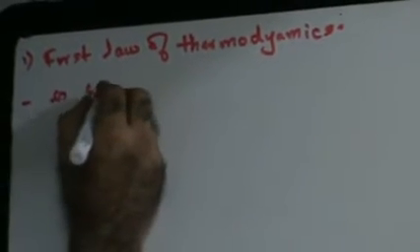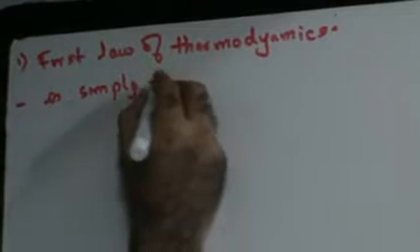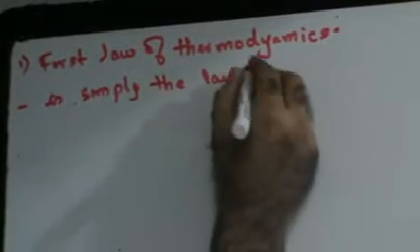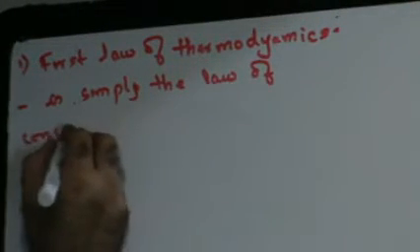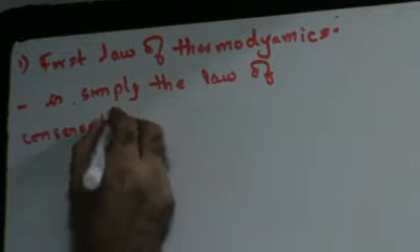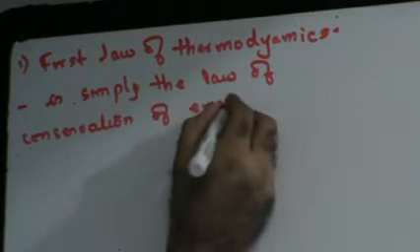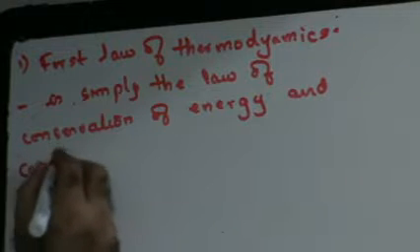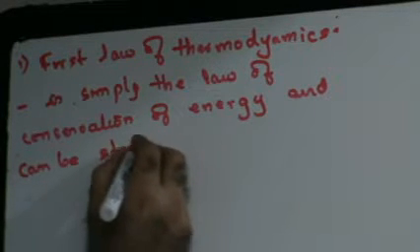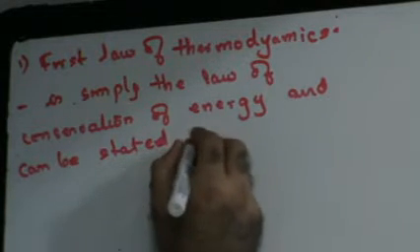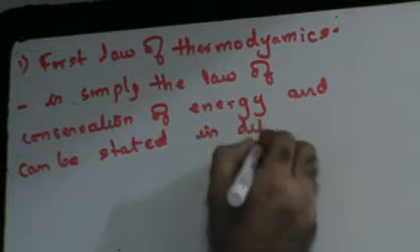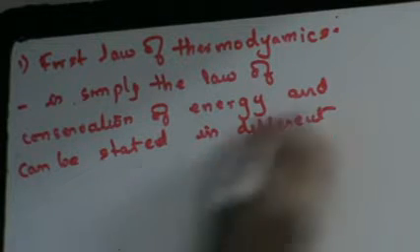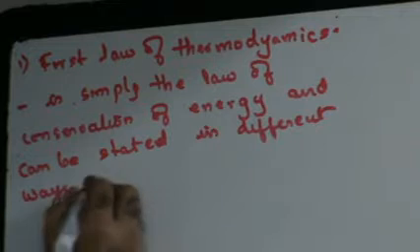and it can be stated in different ways. First law of thermodynamics is simply the law of conservation of energy and can be stated in different ways as follows.